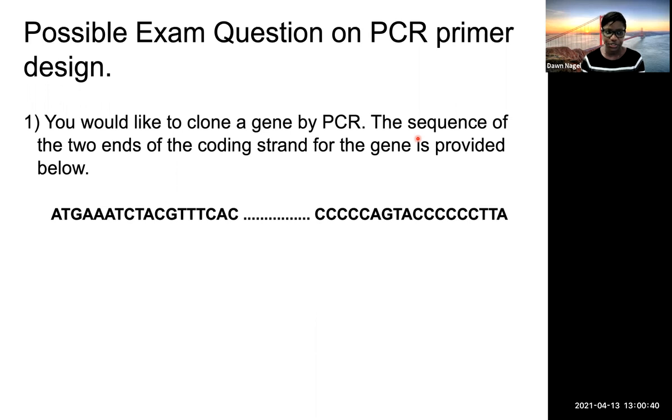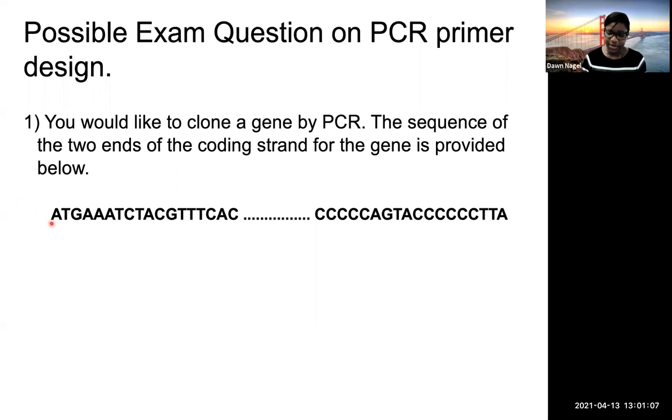These are the type of questions you would also see in the exam. If you have a DNA fragment that you would like to clone by PCR, you need to design the primer, and this can be given to you. Someone tells you, okay, here's my gene sequence, design the primers to do the PCR to clone this gene.